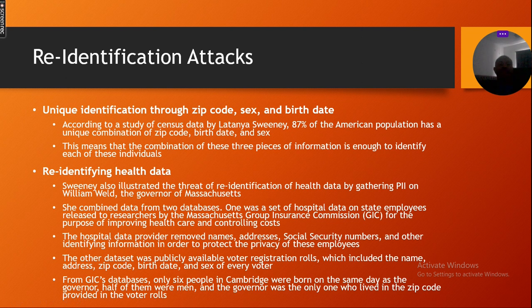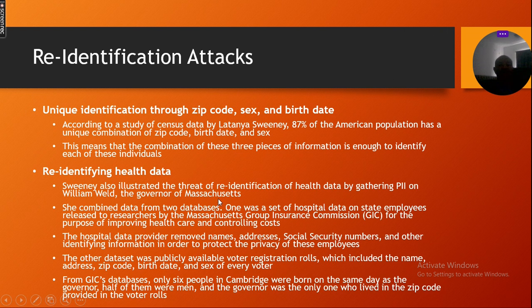Now, re-identifying health data. Sweeney also illustrated the threat of re-identification of health data by gathering PII on William Weld, the governor of Massachusetts. Massachusetts is one of the best states in the United States. This is where you have the city of Boston, and MIT, the Massachusetts Institute of Technology, one of the best universities in the world.